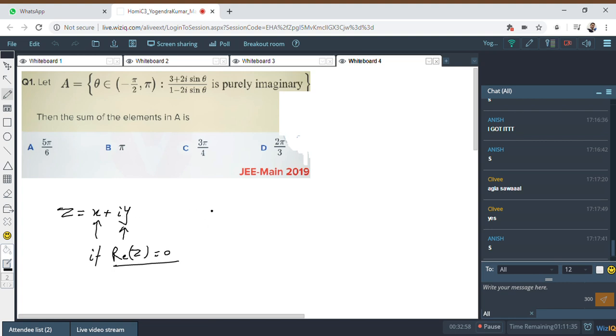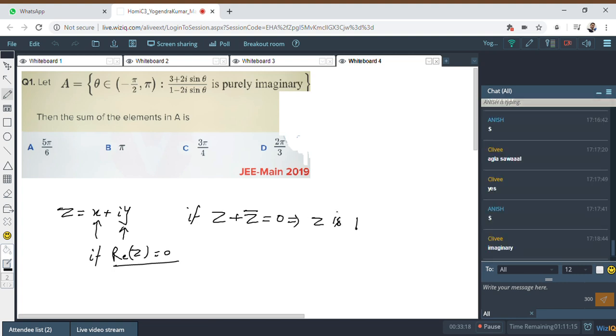And there is a property: if z plus z bar is equal to 0, then what can we say? This is the property of complex numbers: then z is purely imaginary. Every complex number is imaginary, but purely imaginary means there is no real part. Correct. Then it is purely imaginary.